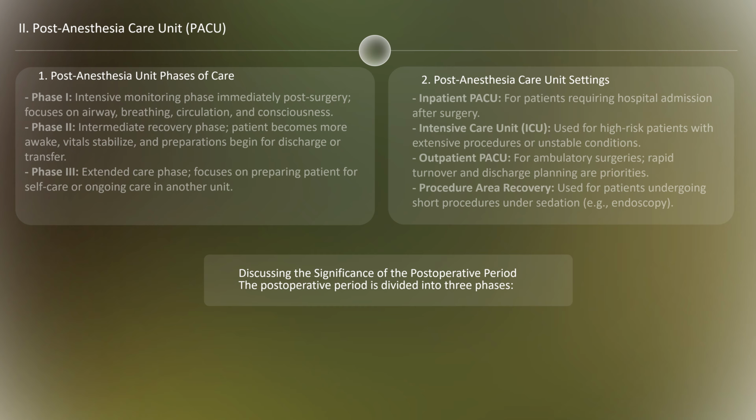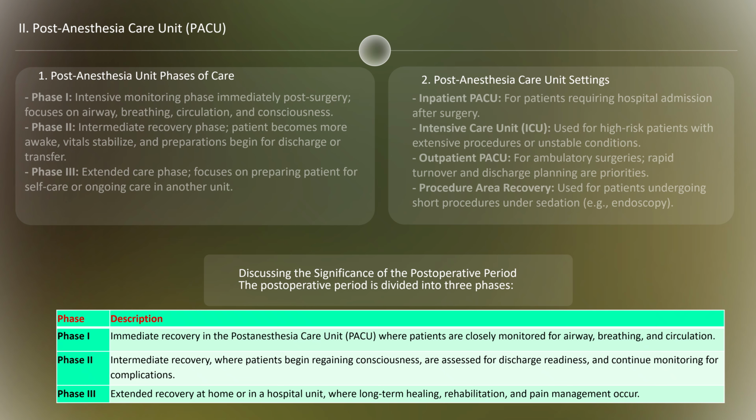I already said about the immediate recovery phases 1, 2, and 3. For example, a patient recovering from abdominal surgery in phase 1 needs continuous monitoring for respiratory depression due to anesthesia effects. The key post-operative priorities are ensuring airway patency, like oxygenation and breathing assessment, and prevention of complications.